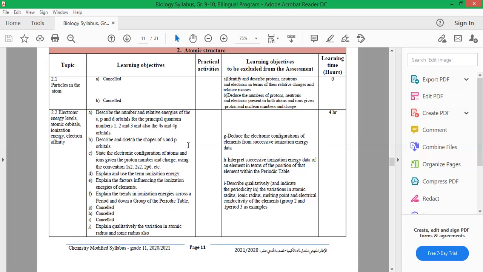So in 1s how many? 2. 2s 2. 2p 6. 3s 2. So 2 plus 2 is 4, 4 plus 6 is 10, 10 plus 2 is 12. So magnesium has atomic number 12. In this way we fill up 1s2, 2s2, 2p6, 3s2.